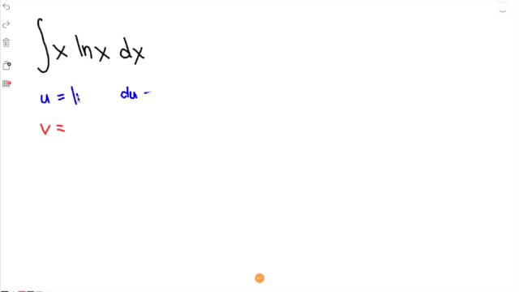I hope you are getting the idea of how we analyze and what are our filters in choosing u and v. So if we have u equals ln x, the derivative of that would be, we know that the integral of dx over x is equal to ln x, so if we take the derivative of ln x, that would just be equal to 1 over x dx.